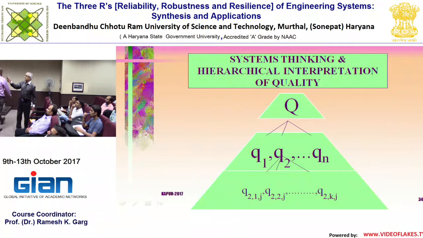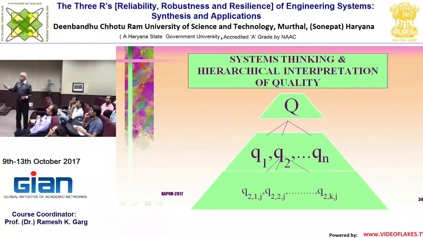So in this slide, we were showing that the overall effectiveness of the system, we could call that the quality or happiness of the customer, or total benefit to everything that is affected by the system that you design.